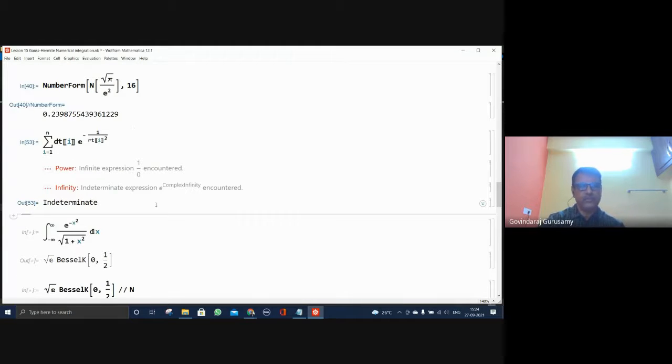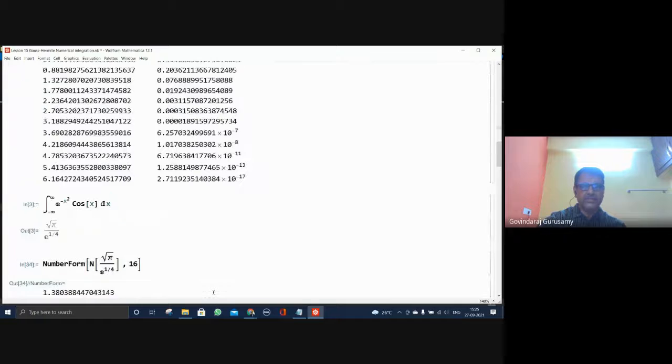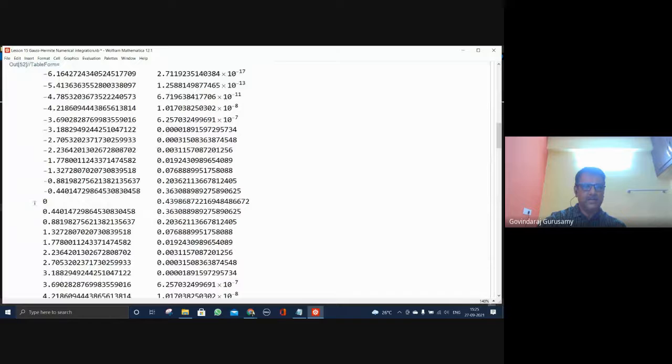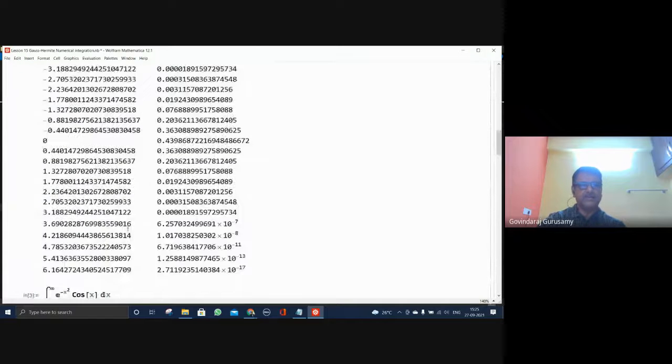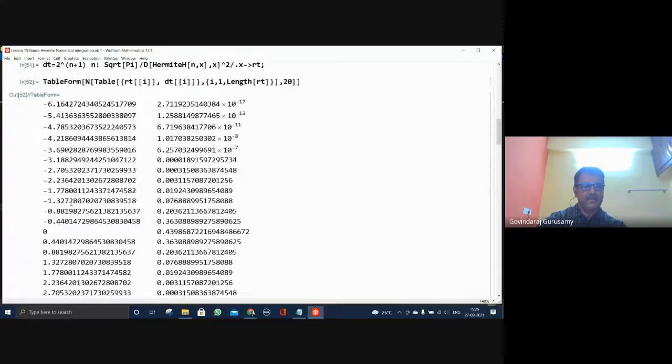Oh, so infinite expression, 1 by 0 encountered. So let's really see this problem with this because of this wave function. And in the root, there is a 0 that sometimes goes and sits there. 1 by 0 is infinity. There's going to be a problem. So these things should be taken care of now. When is it you are getting that?